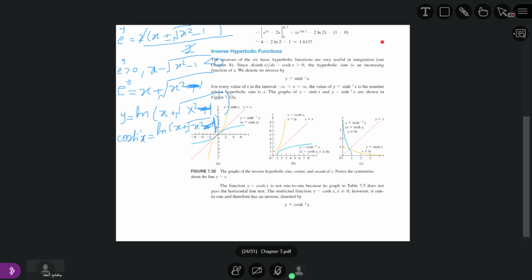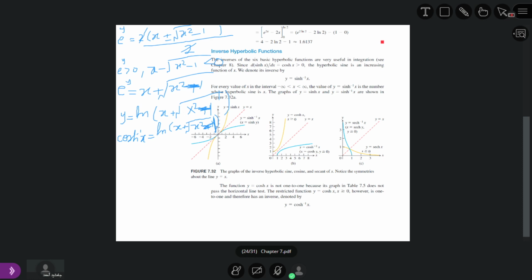So I again repeat, what is cosine hyperbolic inverse x? It is equal to ln of x plus square root of x square minus 1.